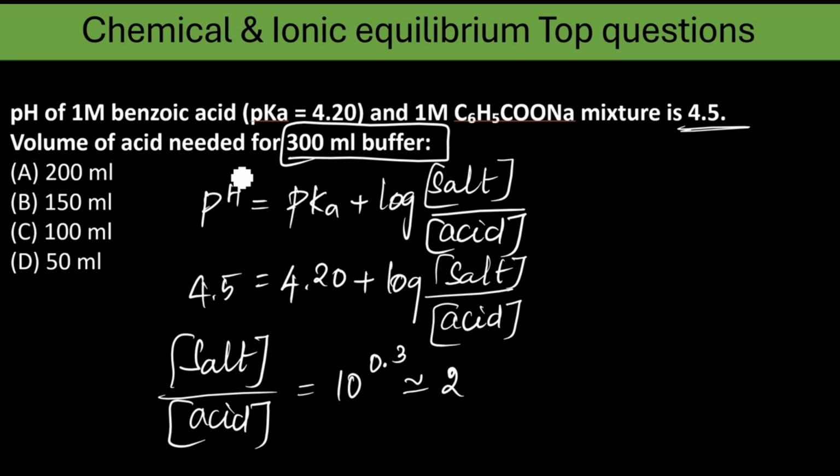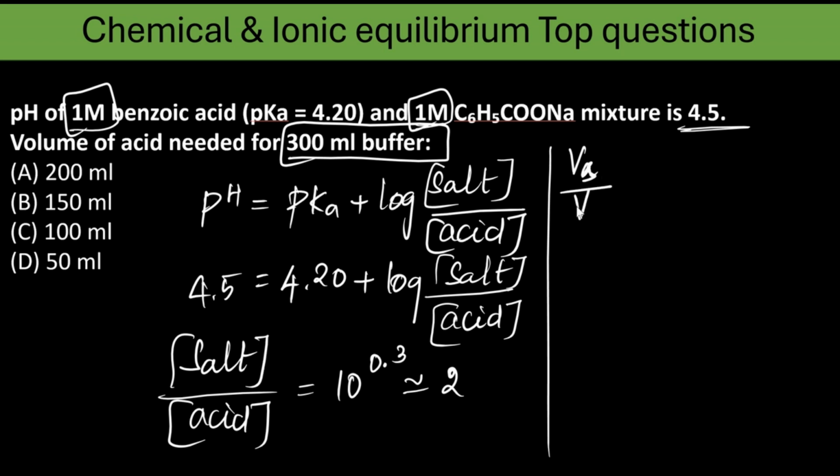Okay. Now, we have to find the volume of acid needed for 300 ml buffer. So what we can do? Let's say the volume of acid is Va and volume of salt is Vs, and the concentration is 1 molar each. Right. So, since the molarity is the same for both of them, the salt by acid volume ratio is also 2.